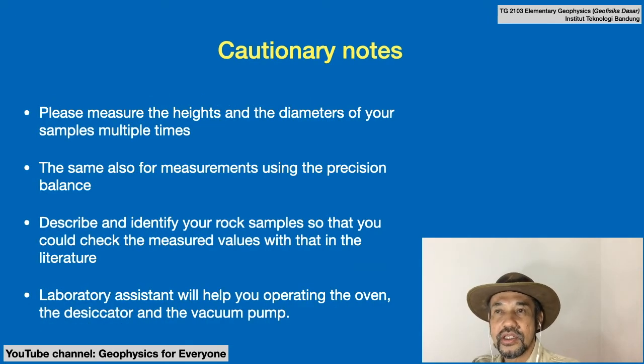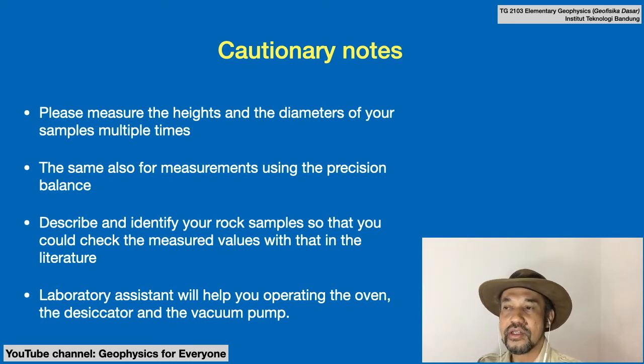There are some cautionary notes when it comes to measuring porosity. First of all, the students are required to measure the heights and the diameters of the samples multiple times. The same also applies to measurements with the precision balance.